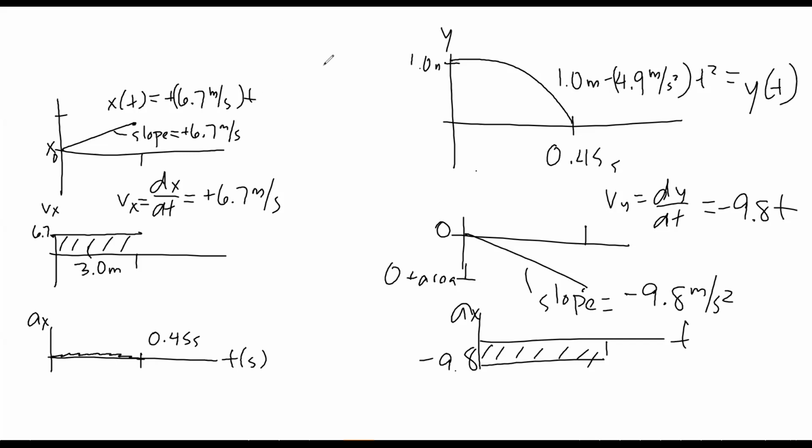What's the trajectory? Typically trajectories are given in terms of y as a function of x. I think we mention this a bit more in a later chapter, but the trajectory would be y as a function of x.